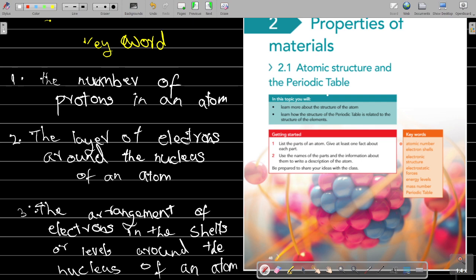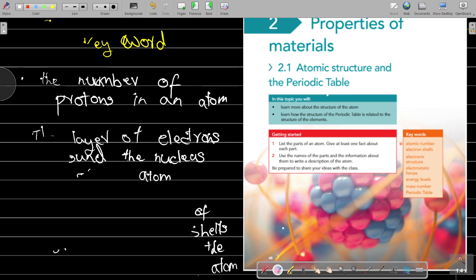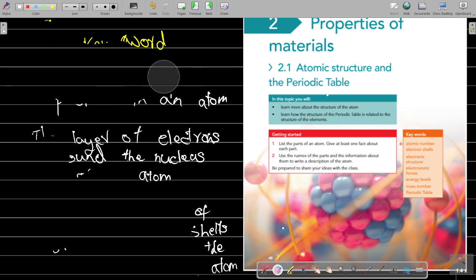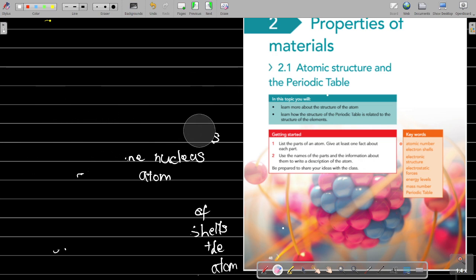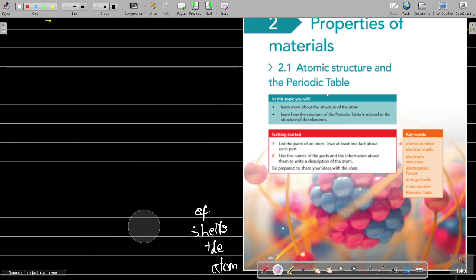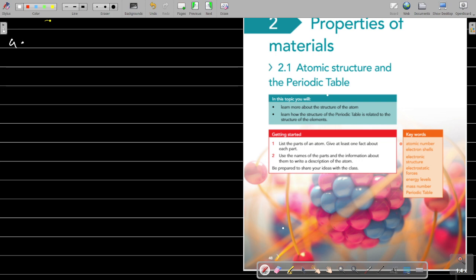So what's the fourth keyword? The fourth keyword is electrostatic forces. Okay, fourth one, electrostatic forces.